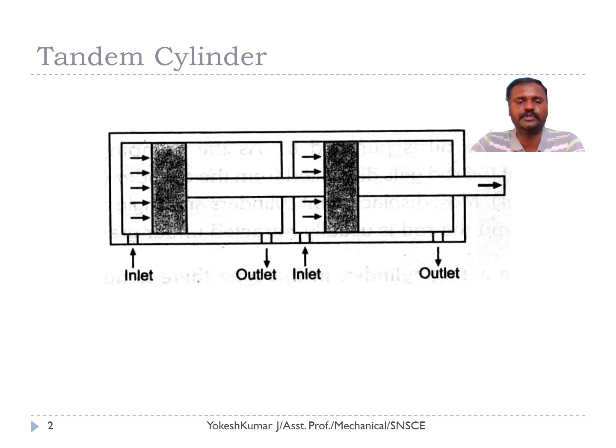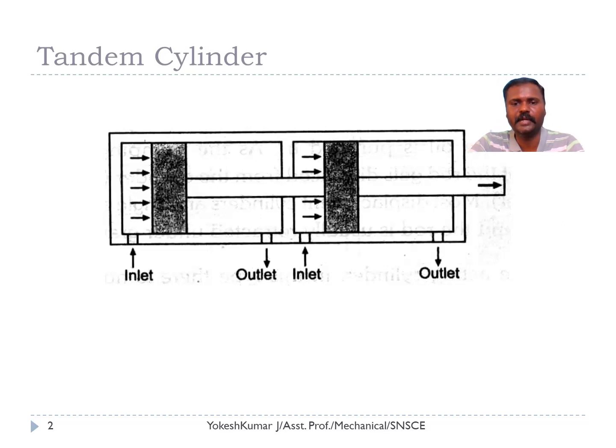The piston moves from left hand side to right hand side, which will create an extension of the rod. And the oil from the rod end for both the cylinders will be sent to the outlet and collected in the reservoir via the direction control valve.